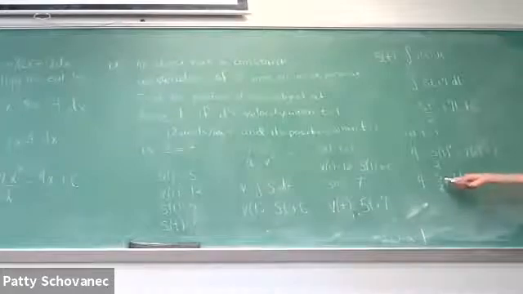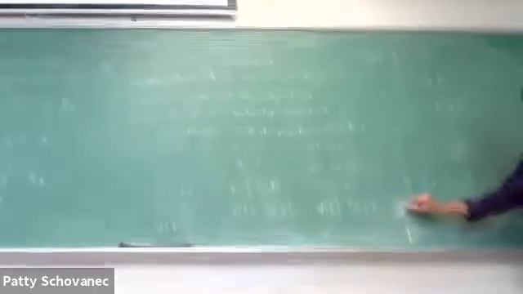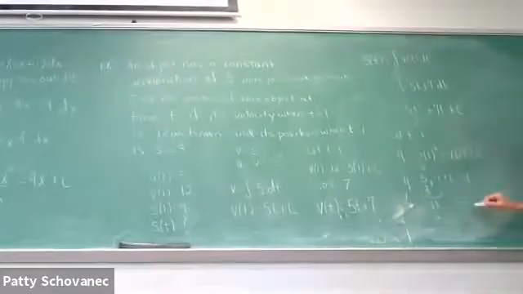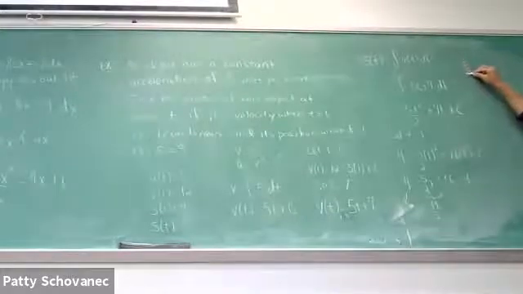Let's see, 5 halves plus 14 halves is 19 halves. This 4 over here is 8 halves. So I'm going to subtract that to get the c by itself. So 8 halves minus 19 halves is equal to that c. I think that's a negative 11 halves.